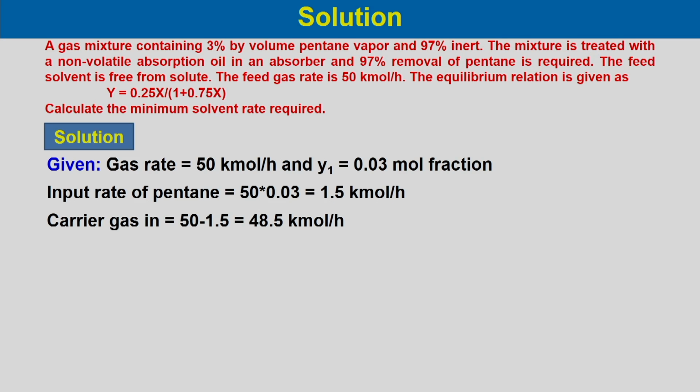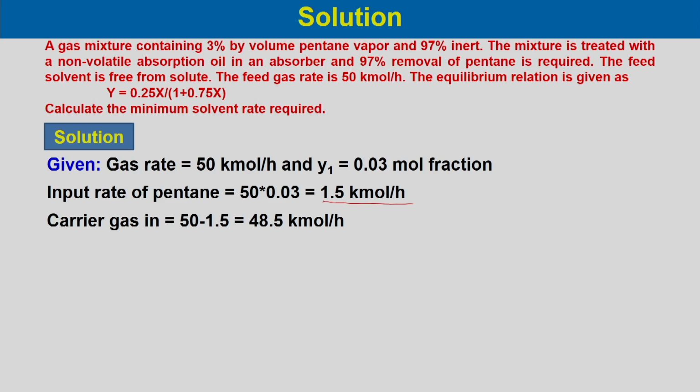So, the gas rate is given as 50 kilomole per hour, with 97% inert and 3% pentane, so small y1 is 0.03 mole fraction of the pentane vapor. Input rate of the pentane would be 50 into 0.03, so it is 1.5 kilomole per hour.